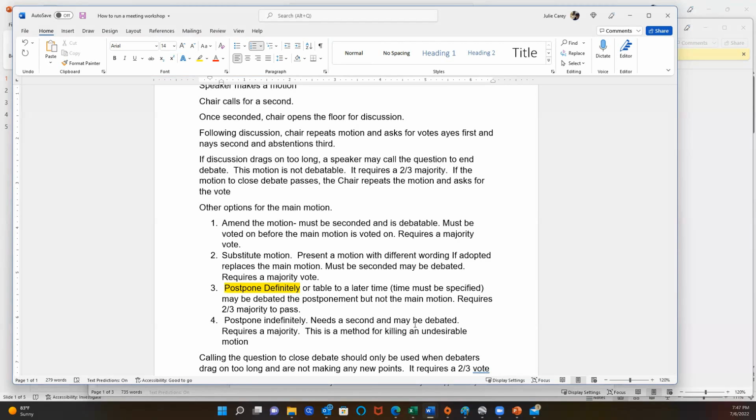So mainly it's just a majority. So they take that 2/3 out of there. There's only one example when it has to be 2/3. So it's postpone definitely, and it only requires a majority to pass. So that's the correction on that sheet.